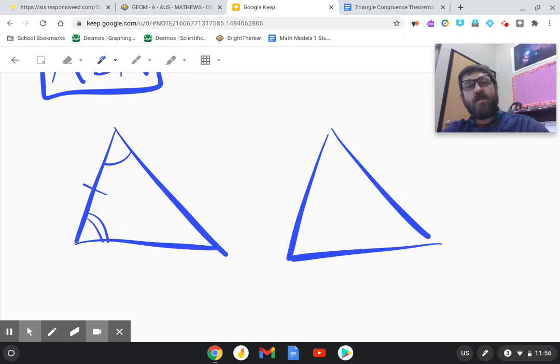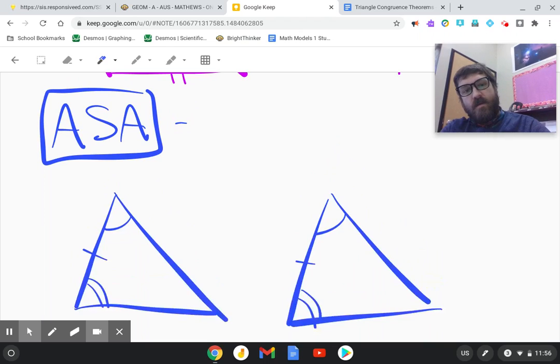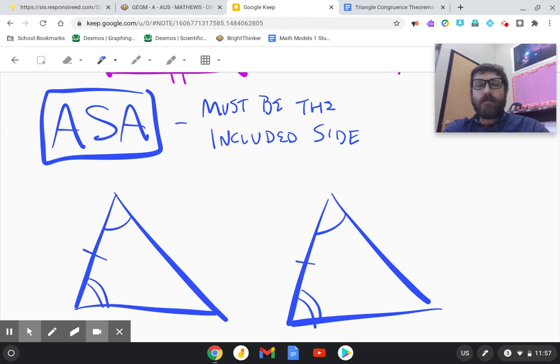There is only one triangle that can be made out of that combination of sides and angles. Angle, side, angle. Again, must be the included side, meaning the side that is between the two angles.